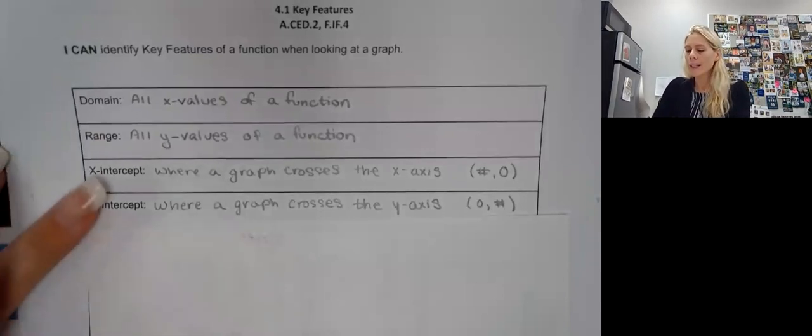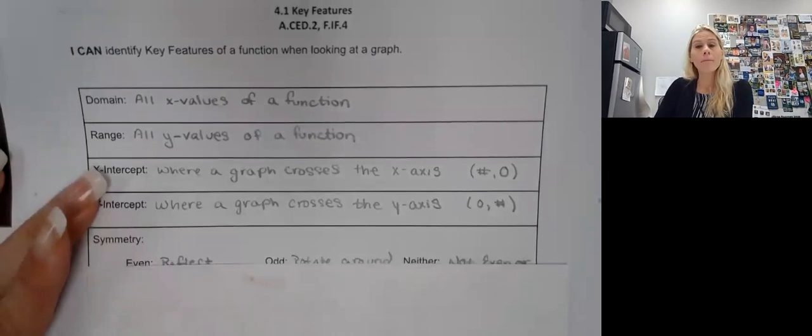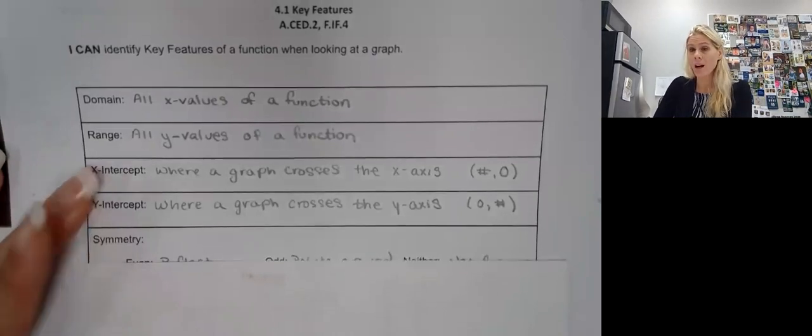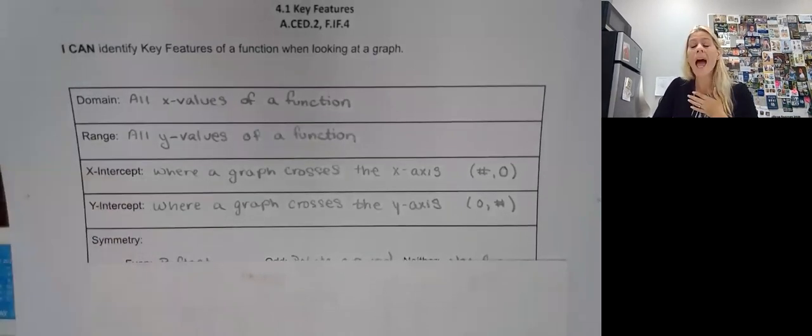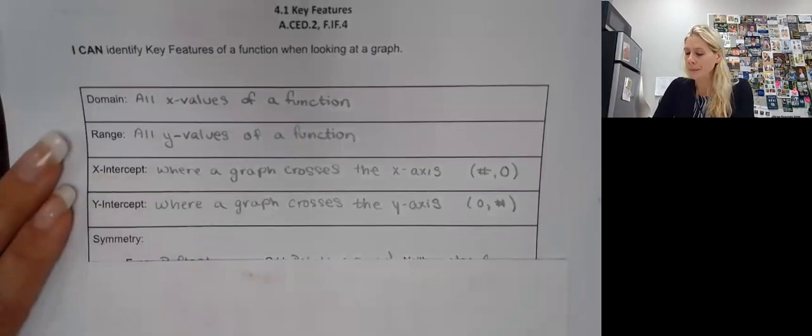Okay, so an even function, and by the way, you can prove even, odd, or neither algebraically. We're not going to focus on that right now because I want you guys to learn how to recognize it first, and either later this year or next year, you'll learn how to do it algebraically.